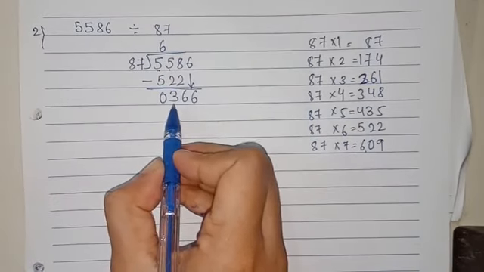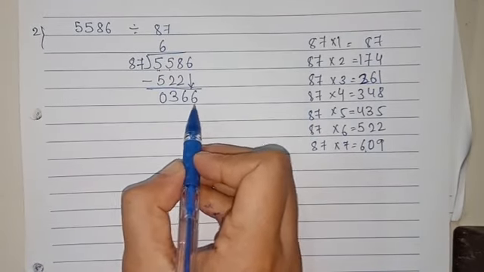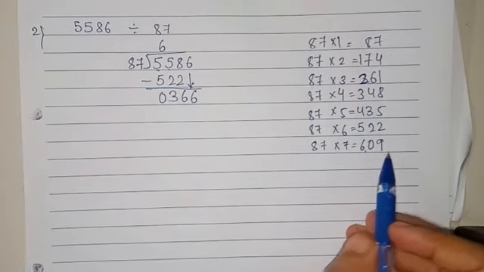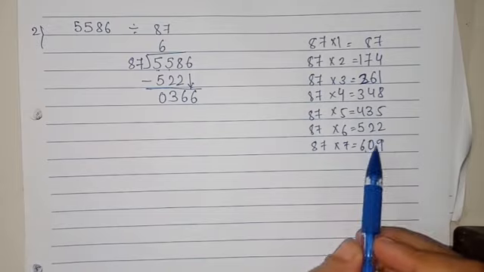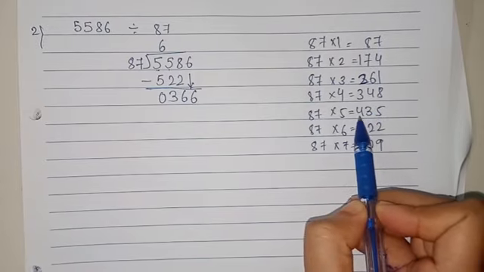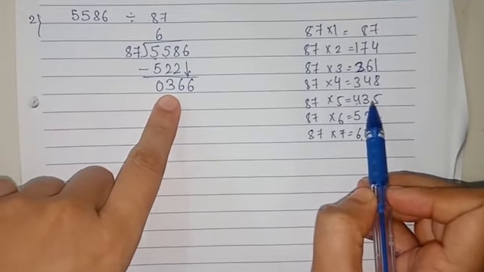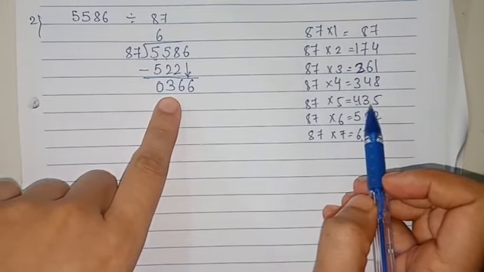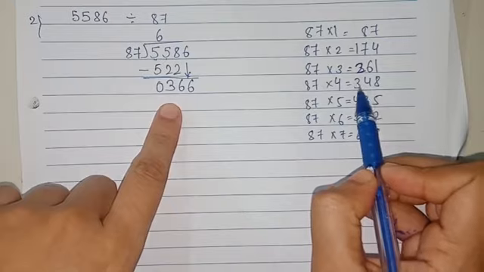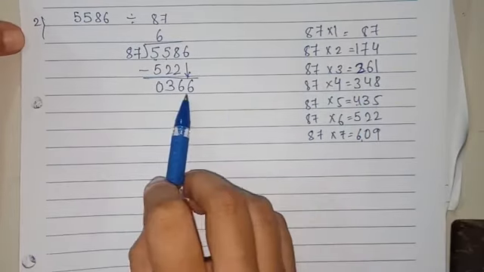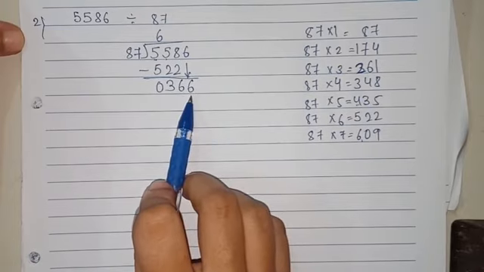Now 366, we have to search this number in this table. 366. This 435 is bigger than this, so I will take 348 because it is smaller than 366, right?